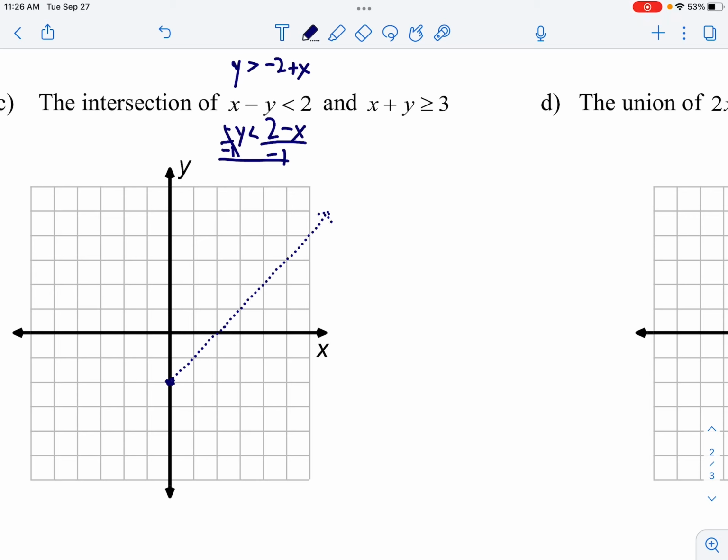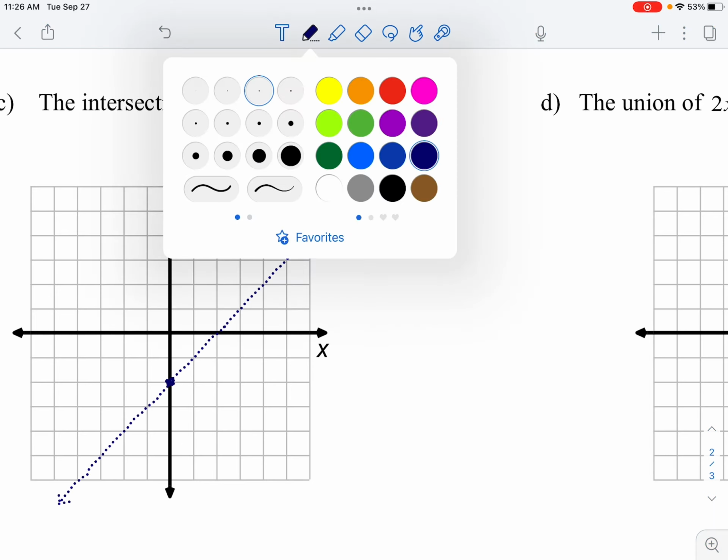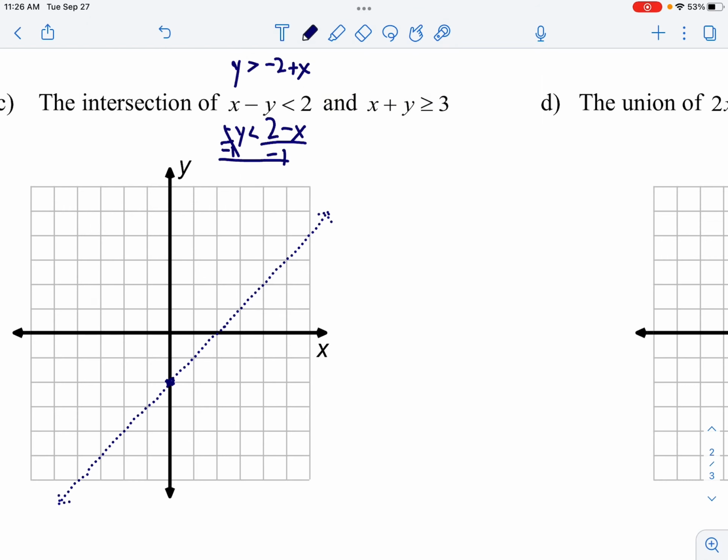Okay, so this is the line y equals negative 2 plus x. All right, that one's done.